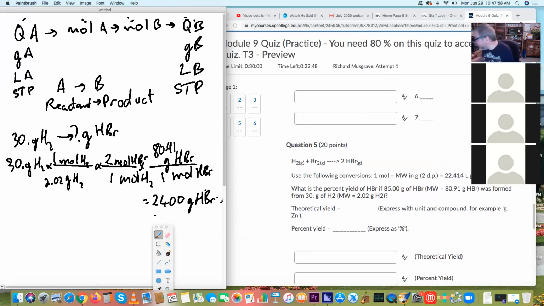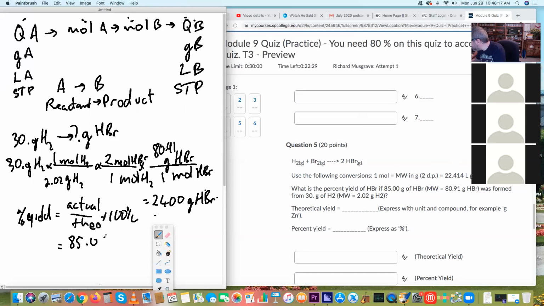So in order to figure out the percent yield, the percent yield is going to equal our actual divided by the theoretical, multiplied by 100%. The actual is 85.00 grams. We're given that in the problem.